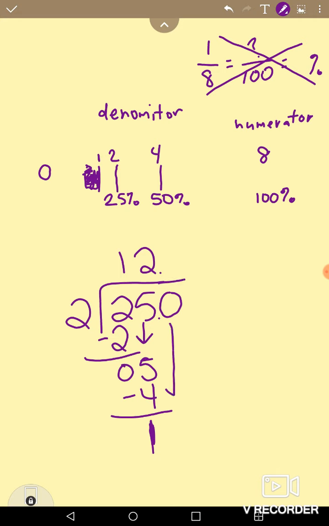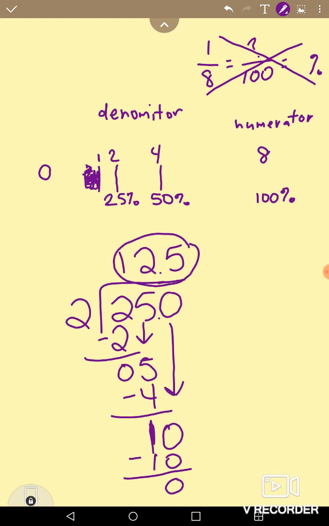Bring down that 0, because we always want to divide out to 0. 2 goes into 10, 5 times. 5 times 2 is 10. And now it's 0. Now there's no more groups to divide into 2 pieces. There's nothing left to divide.